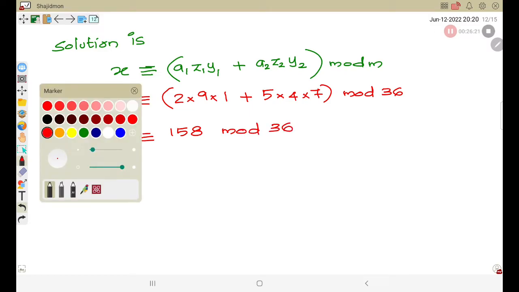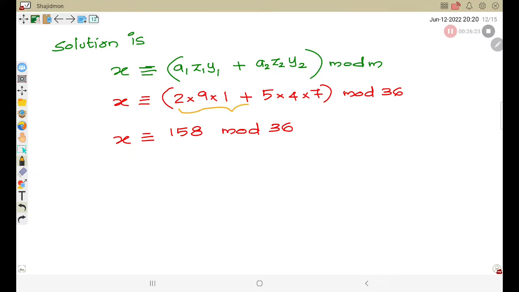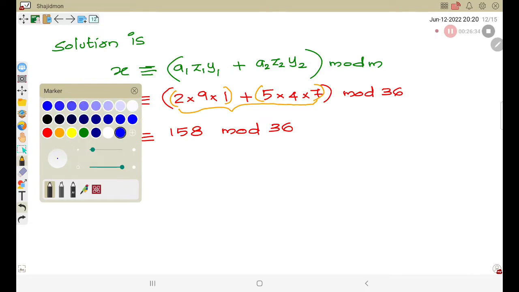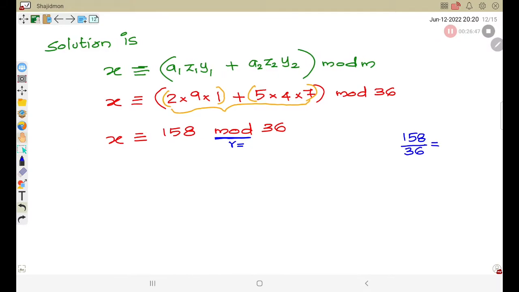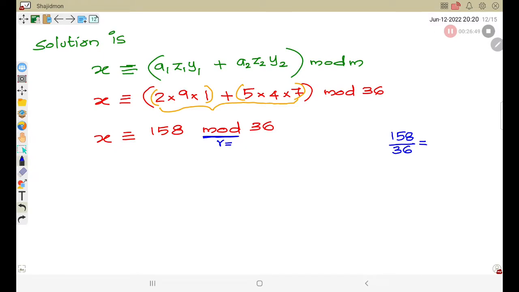Now how can we calculate 158 mod 36? Mod means the remainder value, correct? So you do 158 divided by 36, you can check the calculator. We studied this idea in section 4.2, correct.